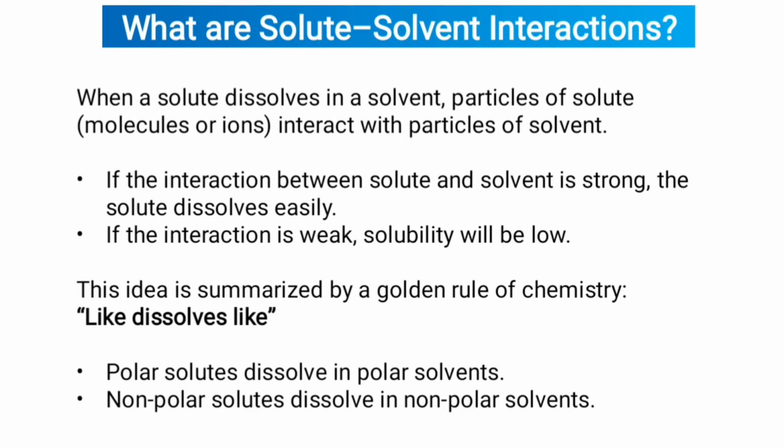If the interaction is weak, solubility will be low. This idea is summarized by a golden rule of chemistry: like dissolves like. Polar solutes dissolve in polar solvents, and non-polar solutes dissolve in non-polar solvents.